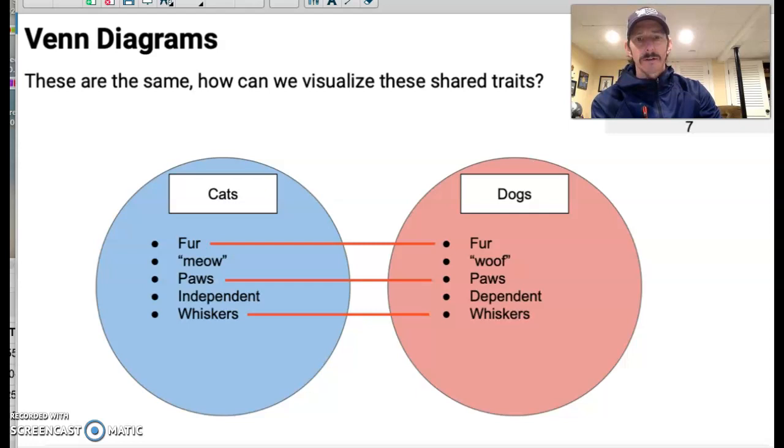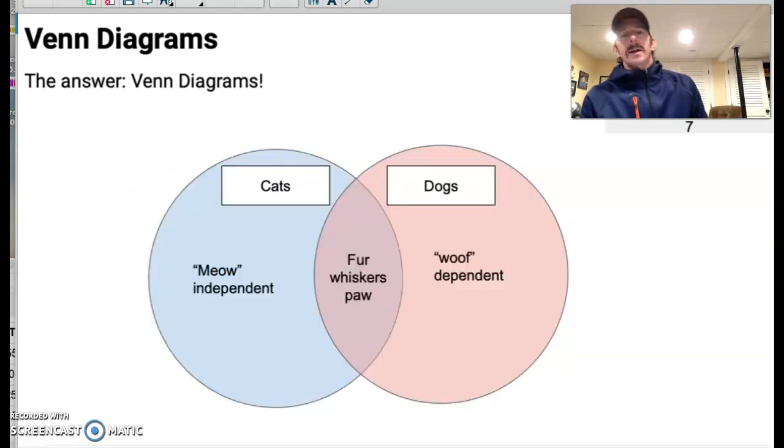A Venn diagram utilizes circles to represent characteristics of sets, and any shared characteristics between the sets are placed in what is called the intersection, which is the part that exists in both circles at the same time.